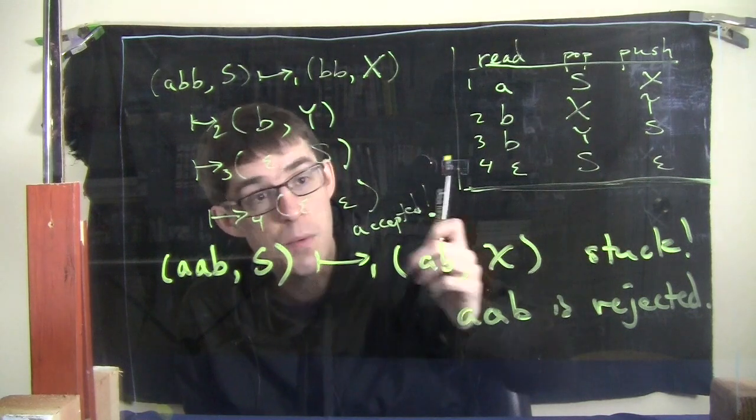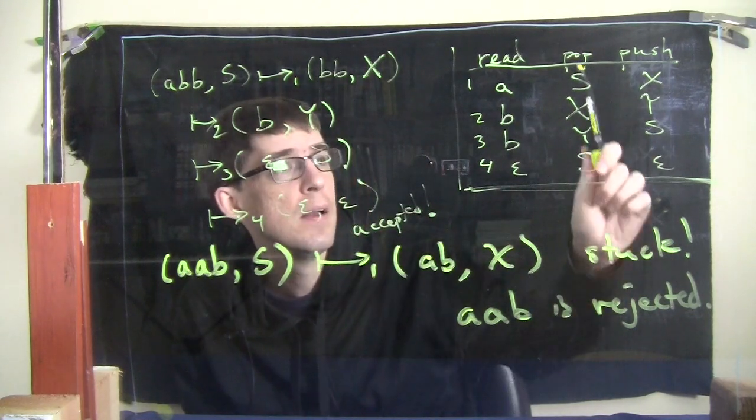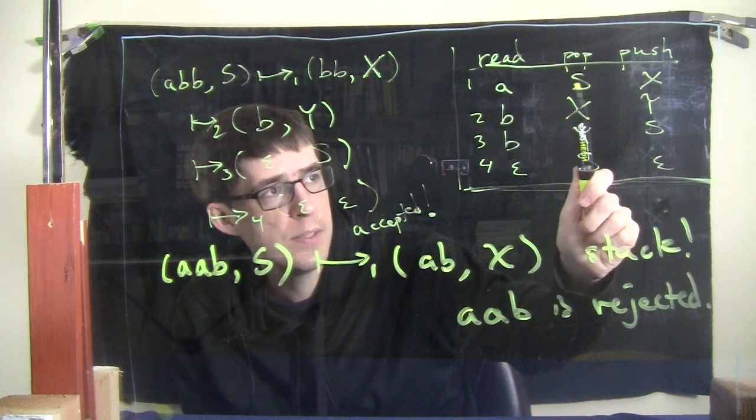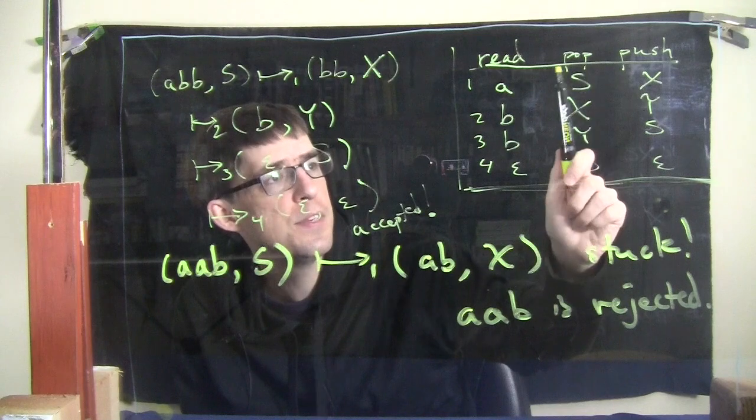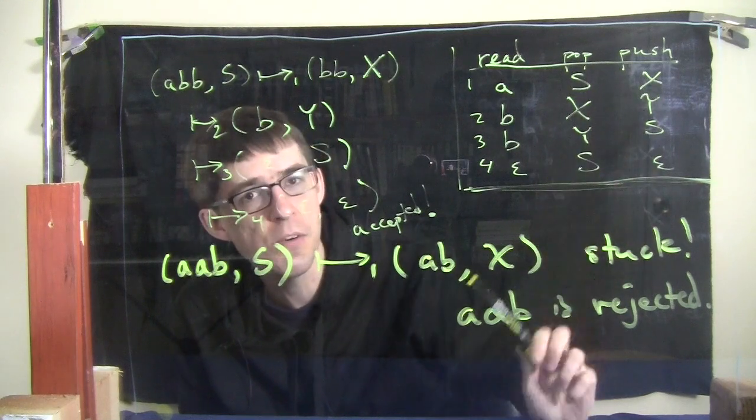One thing that I will have you notice in this example is that the stack here, no matter which moves you do, will always have just a single thing on it, right?